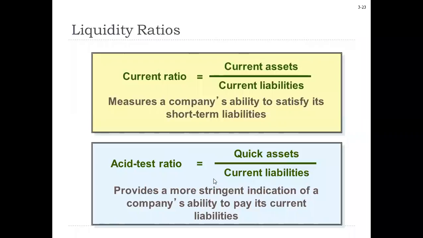Those are things that within 30 days you can convert to cash. So how much assets that can be converted to cash immediately does a company have to pay the liabilities when they come due? Again, these are both measures of liquidity. How able is a company to pay debts as they come due?